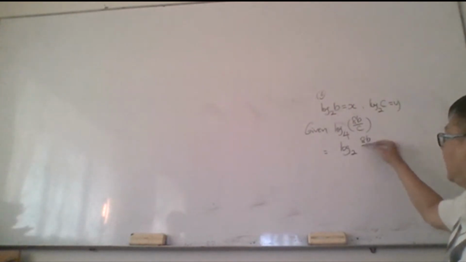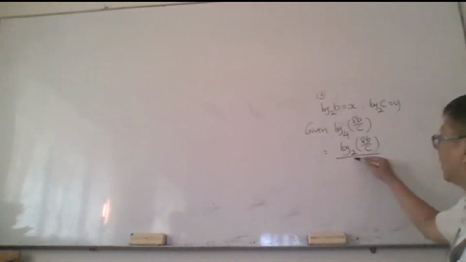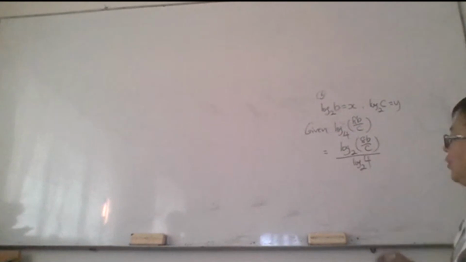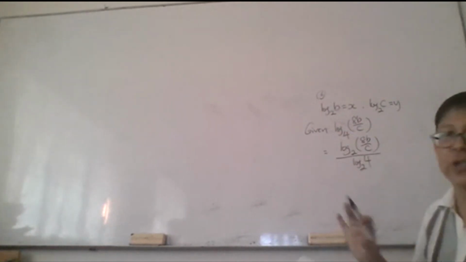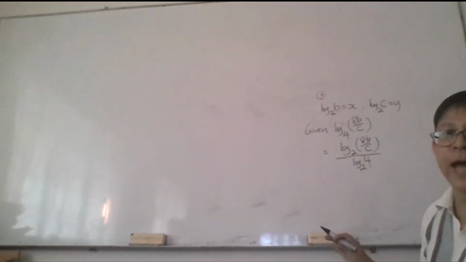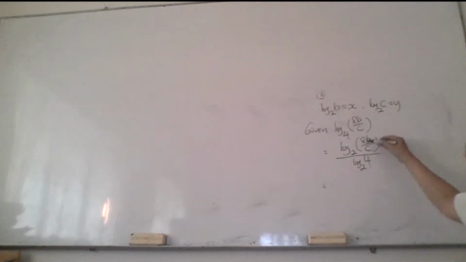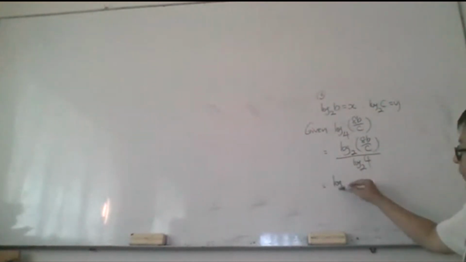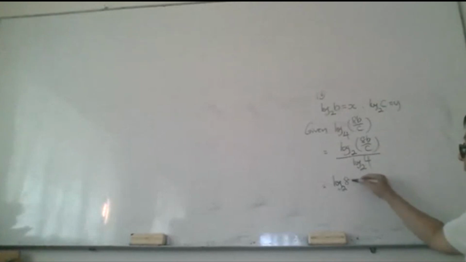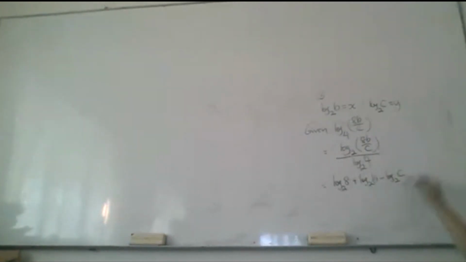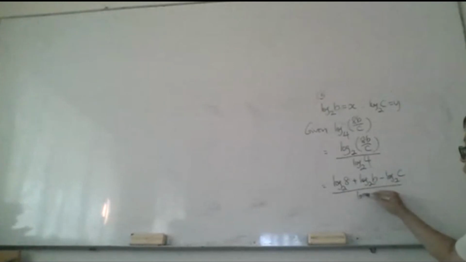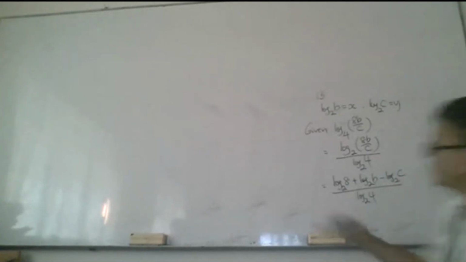So it becomes log_2 of 8b over c over log_2 4. Once you change, it's okay. Later on, we apply the laws of logarithm. On top of that, you see that this is multiplication and this is division, or quotient. So on top will be log_2 8 plus log_2 b minus log_2 c, over log_2 4.